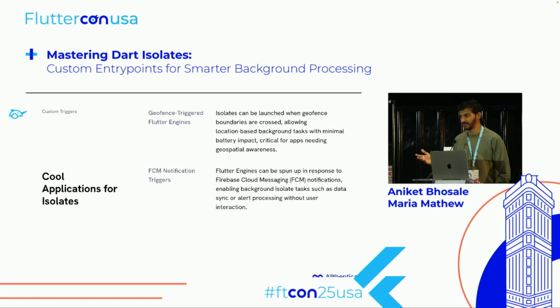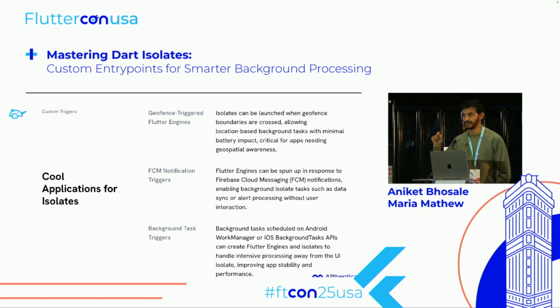And obviously, the point I'm driving home is that you can set up any kind of trigger. You can set up background task handlers. You can trigger an isolate from another isolate. You can chain these as you see fit. If you wanted, you could set up a cron job: at 2 p.m. every day, I want this little task to run in Dart, whatever. But yeah, these are some of the cooler applications of isolates and launching them.